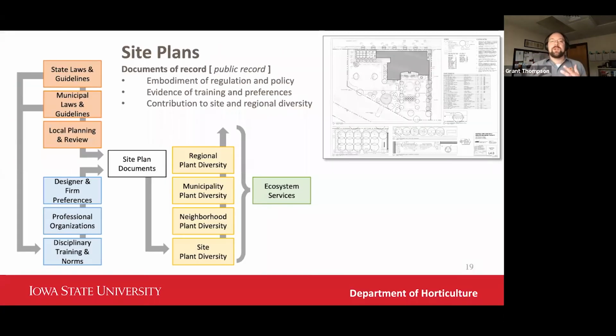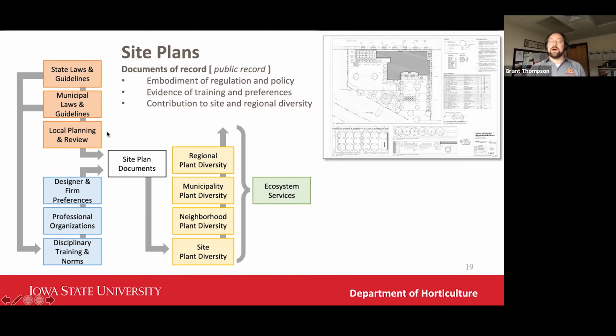Bringing this back to site plans, which is kind of where I was going with this, site plans are the embodiment of lots of levels of regulation. So we can look at state laws and guidelines in terms of which consultants are allowed to do work. We can look at municipal laws and guidelines, so how many trees we need per foot of right-of-way, and so on. We can look at local planning levels.